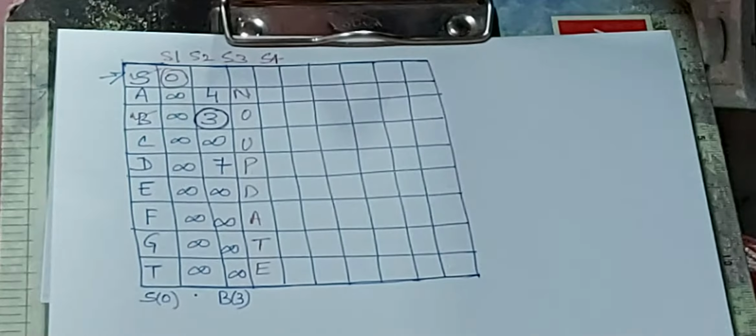So we will consider 4 with A. So over here A4 will come. Clear? Now A is my working node. A is also over.